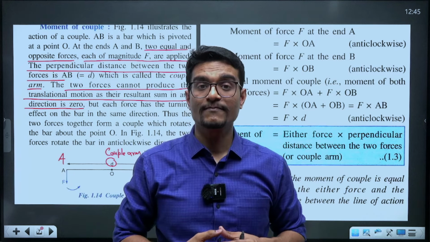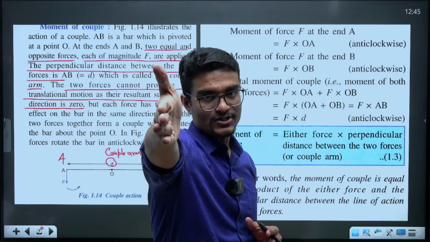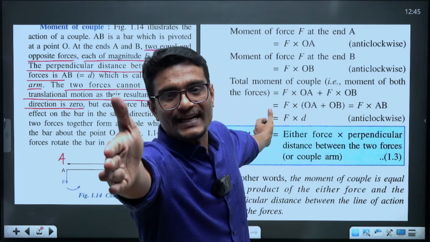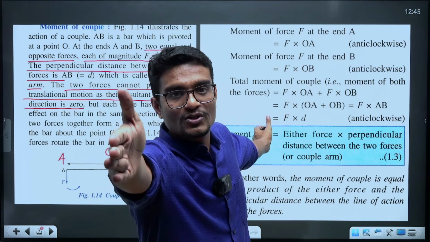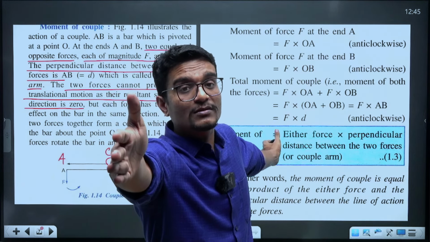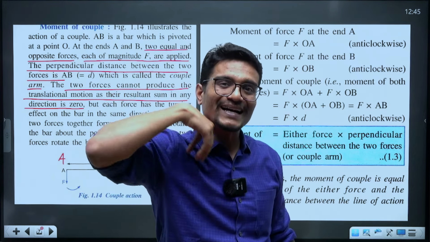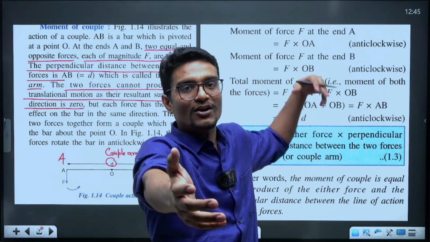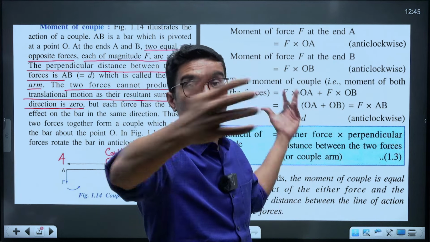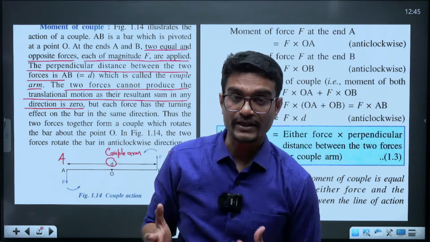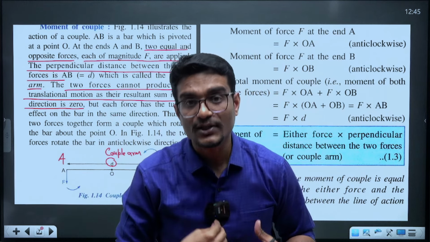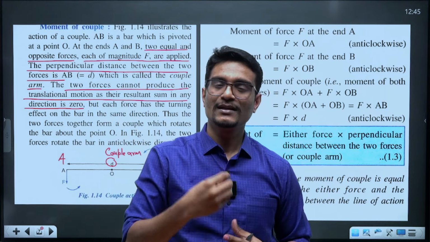The reason, one force is in this direction while the other force is in that direction. So the body is not going to move either in this direction or in that direction. So the net motion of the body, or the center of mass of the body, is not going to move.